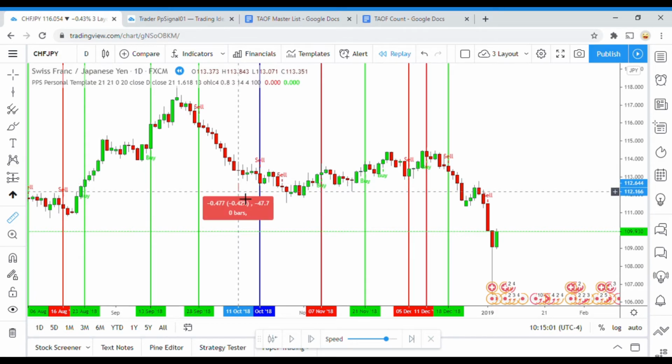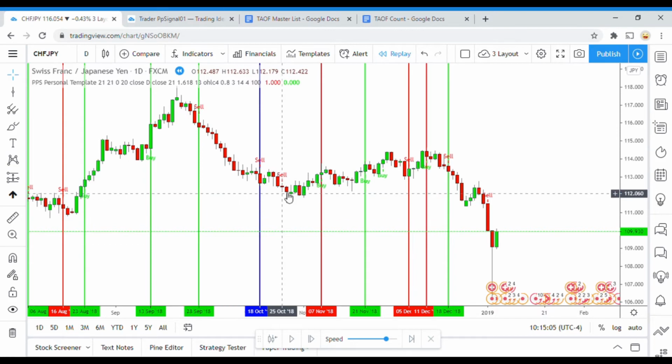So we would have only been at right about 47, 50 pips right here when this candle closed. And so we wouldn't have taken this trade right here because we would have already been in a short position. And if we would have taken another trade, we would be over leveraging ourselves on this particular pair.